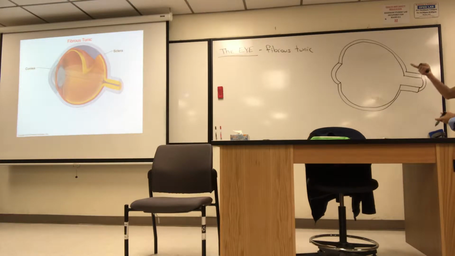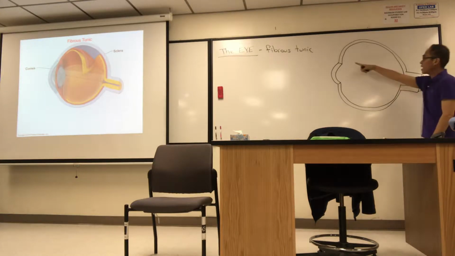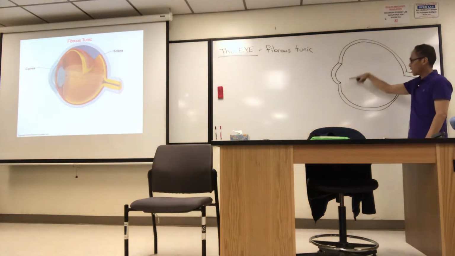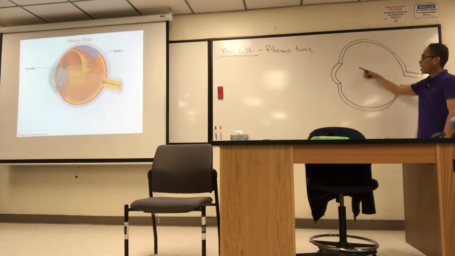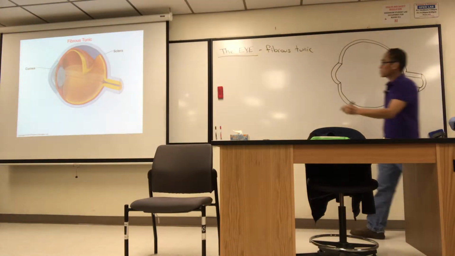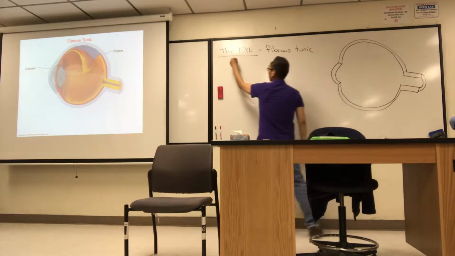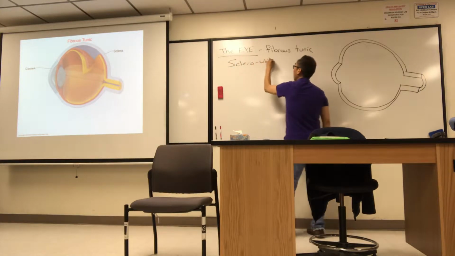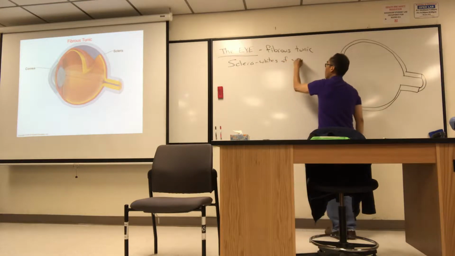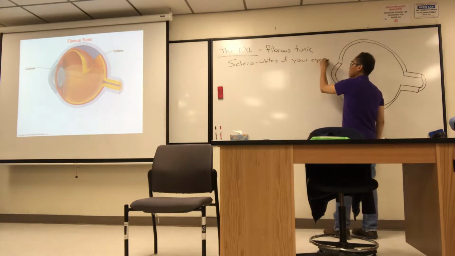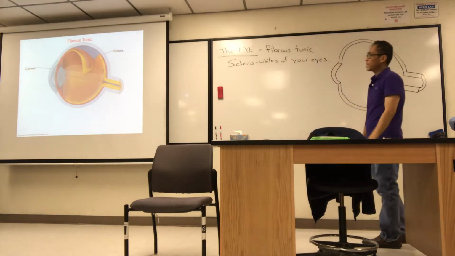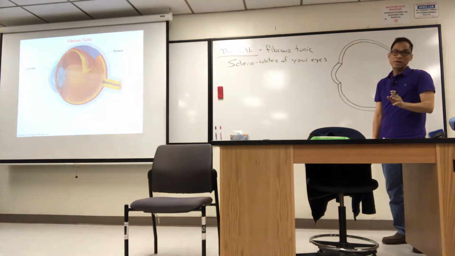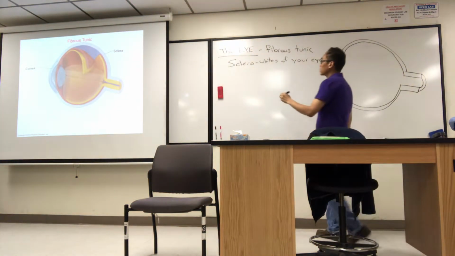I use black. It's colored white. It's the whites of your eyes. The fibrous tunic consists of pretty much any part that's known as the whites of your eyes, considered the sclera of the fibrous tunic. Basically, this provides an attachment for extraocular muscles.